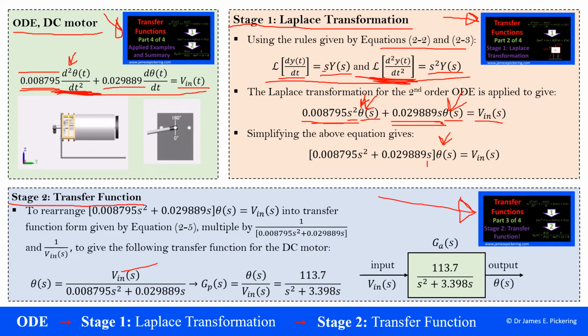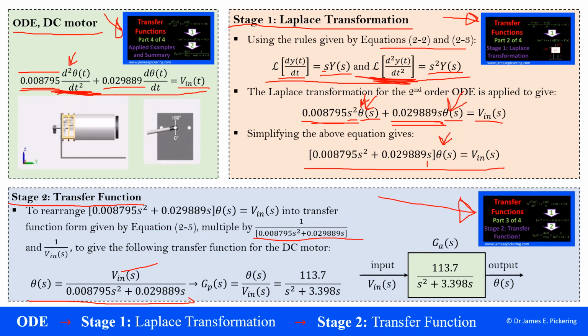So we take this equation we've just determined and cross multiply by 1 over 0.00875 s squared plus 0.0298889 s. Then we end up with an equation where the output, the angle, is equal to the voltage in over the model for the DC motor.